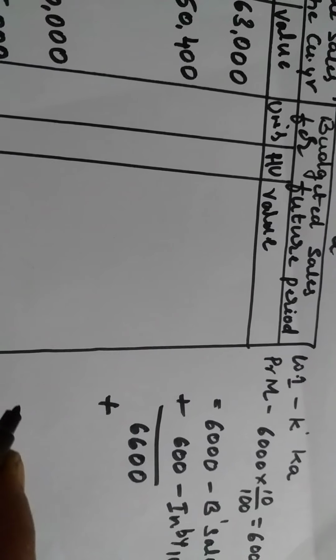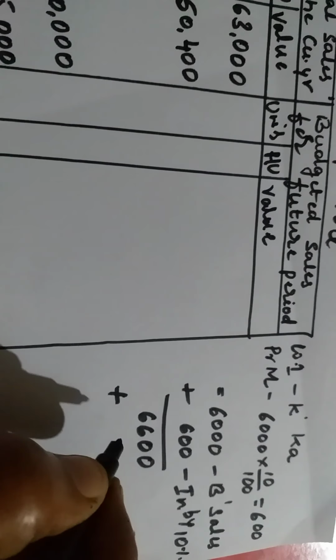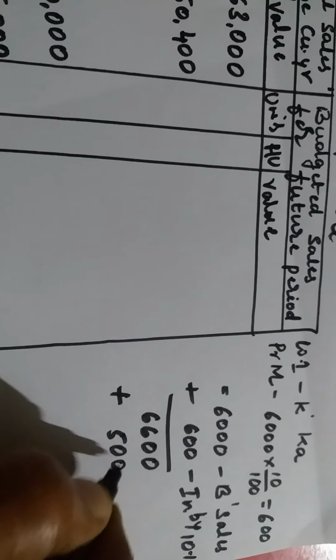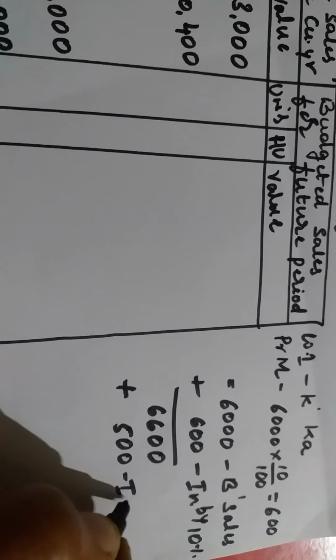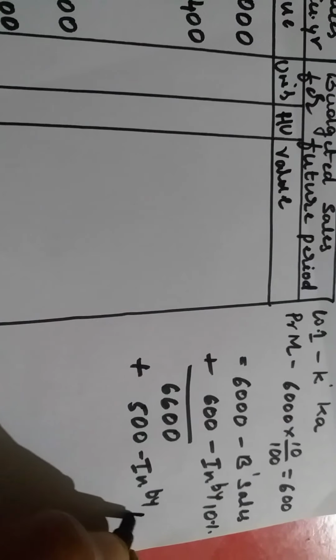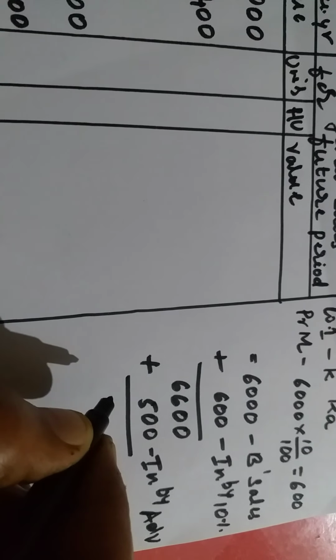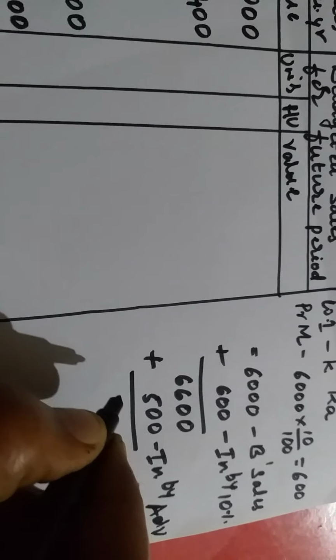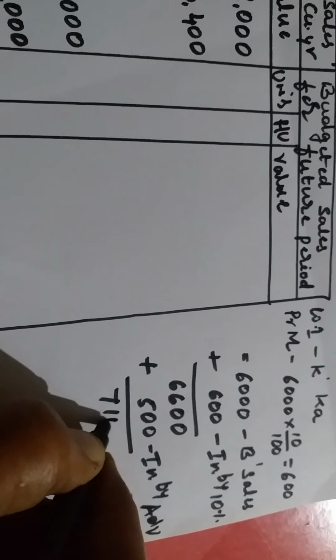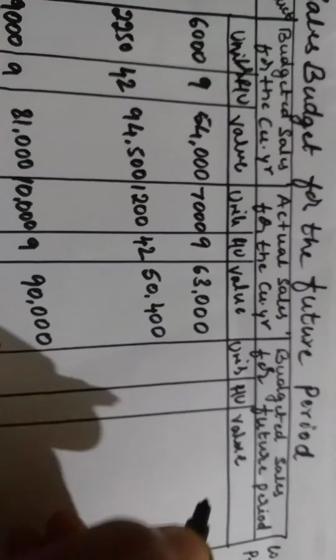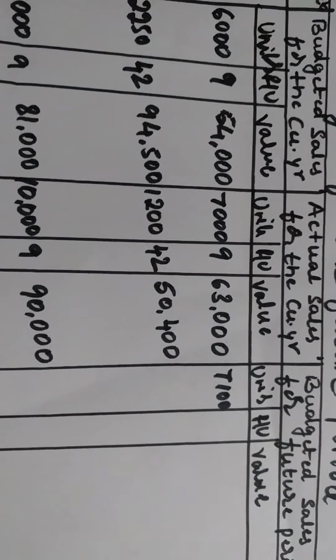The sales gets pushed up by 500 units, as already given in the problem. By giving advertisement, the sales gets pushed up. So the actual selling units for budgeted sales for the future period will be 7,100. So you have to take up that 7,100 units.